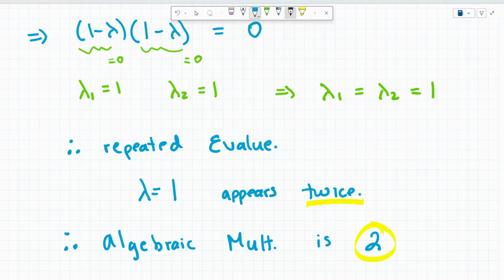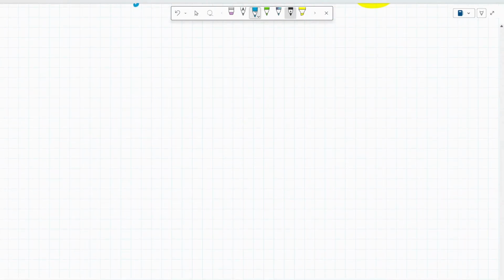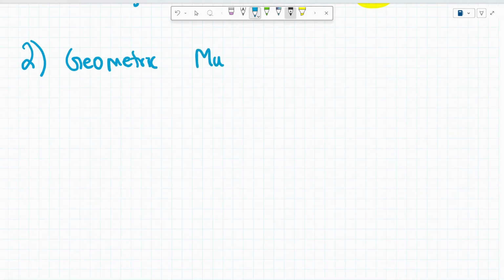Okay, so now that we have that, we want to determine the geometric multiplicity. This is going to be our step 2 here, where we're looking for geometric multiplicity. If you recall from the beginning of the session, I said that to find the geometric multiplicity, we have to find the eigenvectors.